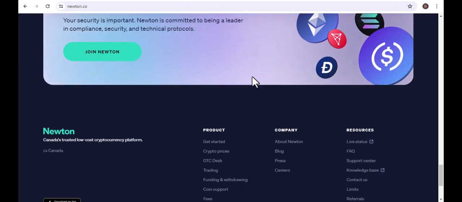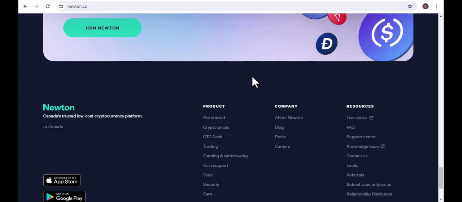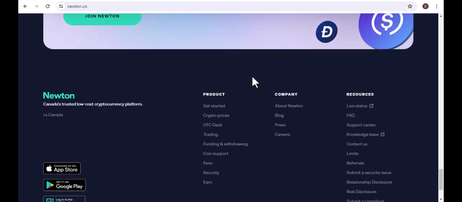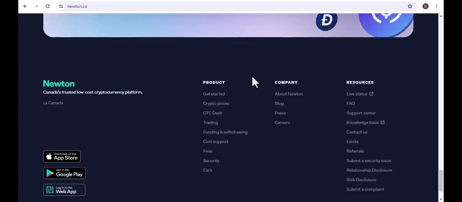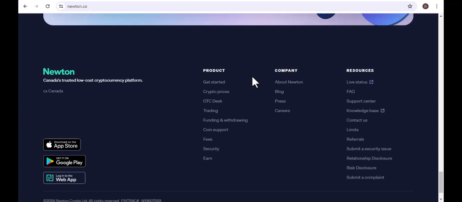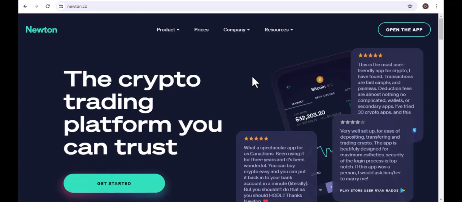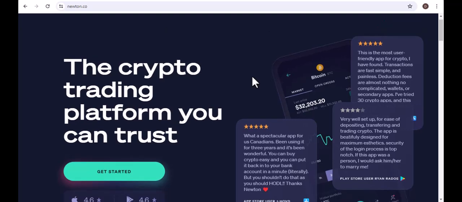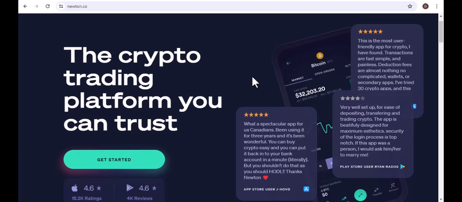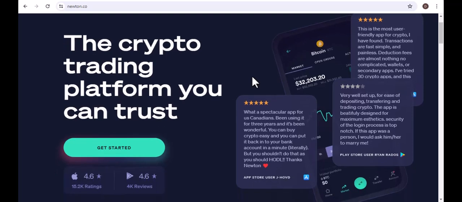They recognize the immense value stablecoins bring to the crypto ecosystem, allowing for seamless exchanges between different digital assets and even between fiat currencies without the traditional banking hurdles. Currently, Newton lists USD Coin, USDC, as one of its supported assets, allowing users to trade it against the Canadian dollar, USDC/CAD.